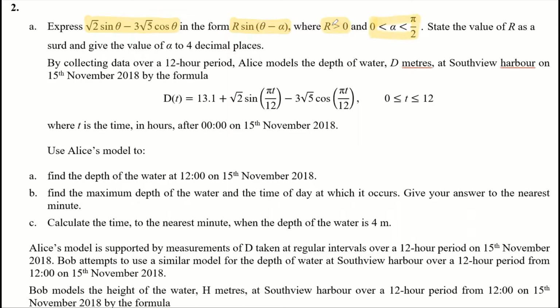Okay, alpha being an acute angle, of course, and we have to calculate alpha to 4 decimal places. So that's the first part, and then we can see how this sort of more handle turning math, as I put it, where we just sort of follow the recipe. We'll see how that can apply to a real life model later on in the question.